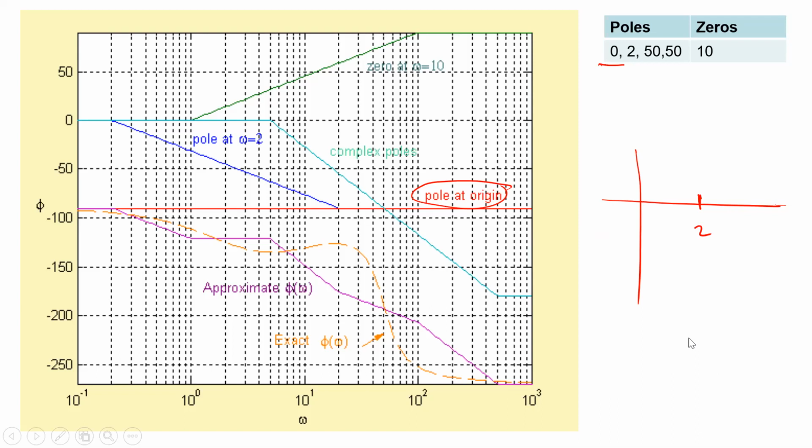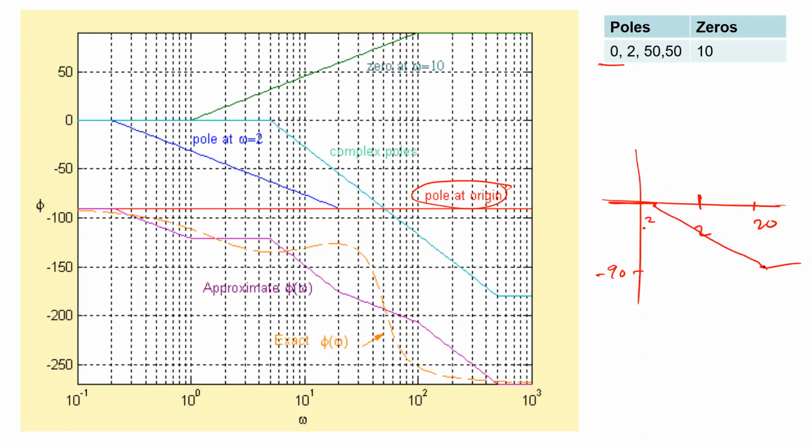It's 0 until 2, then it decreases with a slope of 20 dB. No. In the phase, we go one decade before, so we go to 0.2 here, and one decade after, which is 20. So it will be 0 at 0.2, and it will be minus 90 at 20, and then I connect.